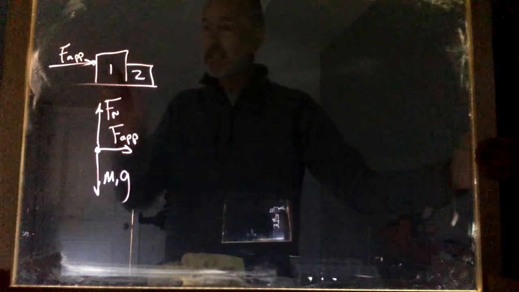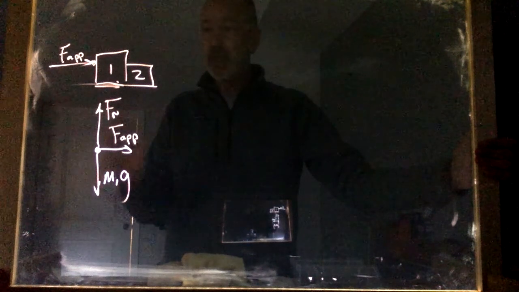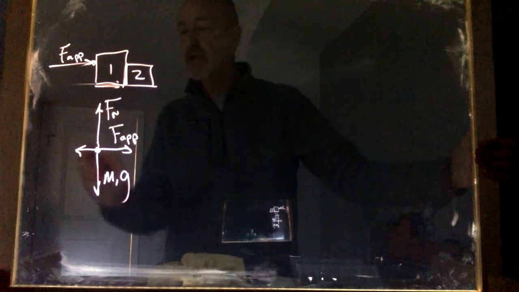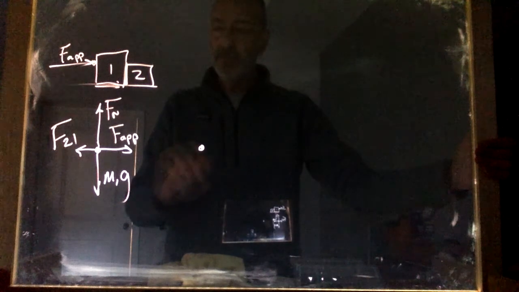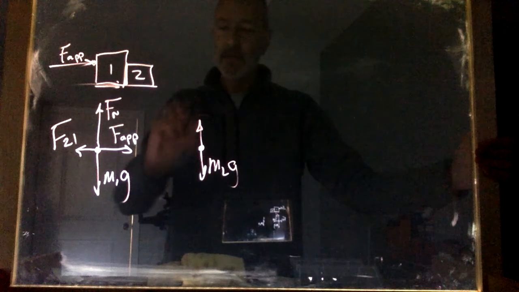Contact, there it is. Contact, there it is. No friction. I said no friction. But there's another contact. That is a normal force. I'll just call it the force of object 2 on object 1. Let's go to object 2. Object 2 has m2g. It's going to be smaller. And then a normal force.